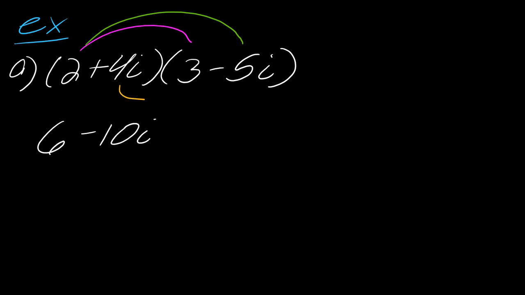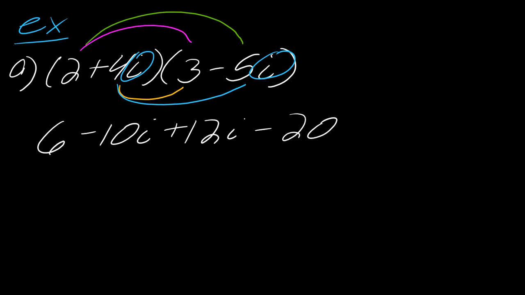Then I'll multiply 4i times 3, which is 12i. And then finally, I'll take the 4i times the -5i. So I want you to notice here, I'm doing i times i, so you've got to keep that in mind. 4 times -5 is -20, and then the i times the i is i squared.